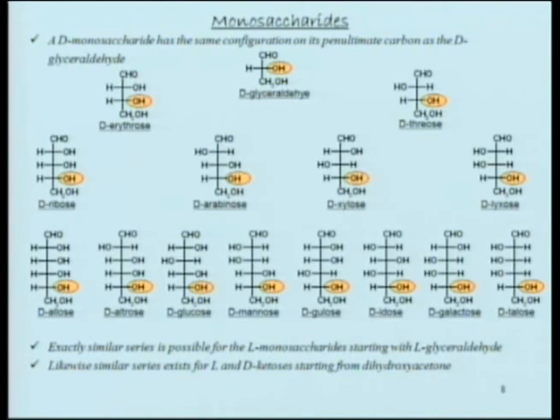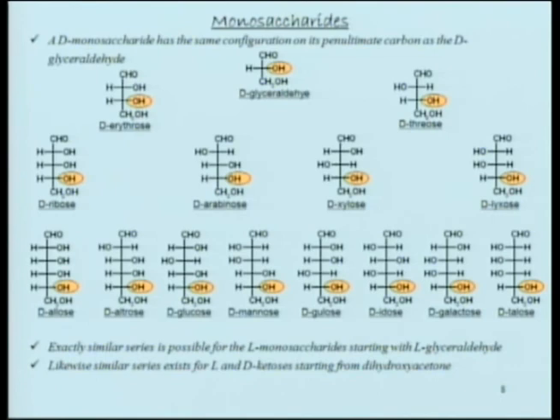How do you define D? You identify that carbon which is furthest away from the aldehyde, position 1, and you say this is on the right. And therefore, this is D, this is also D, right? Yeah, all clear? Because that is the identifying species.